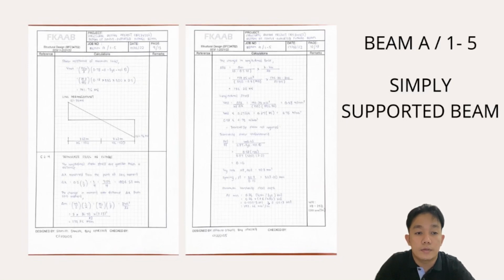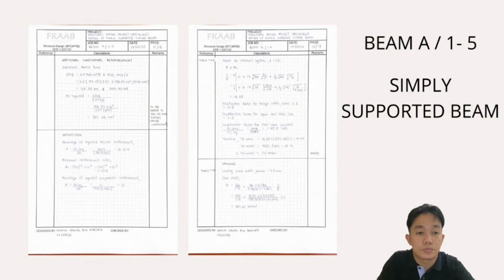And then for the transverse steel in the flange, I use H8-250, which is equal to 201 mm square per meter. As we can see, the deflection of my beam is 0.014 for the p. For the pn it is 0.0005 and for p prime it is 0.